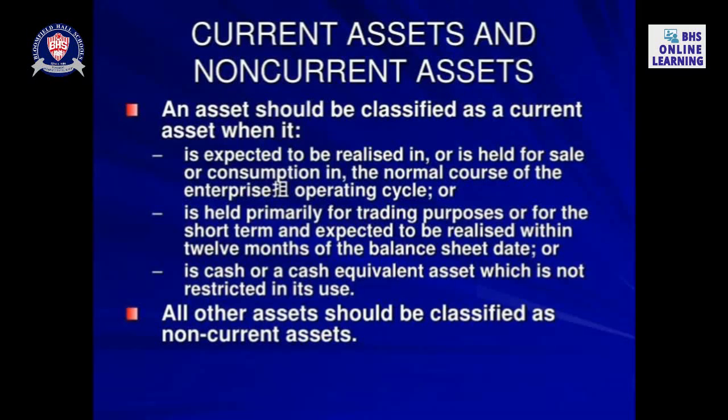Another feature of non-current assets is that their value decreases with time. For example, when a business buys a truck for, say, $1 million, it starts delivering material to various shops, and its value starts decreasing.